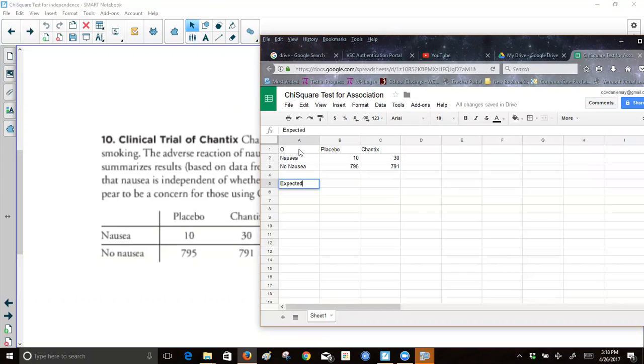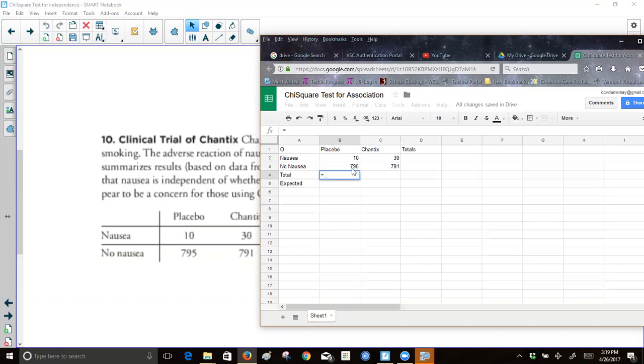The way you do the expected values is you have to get some totals. So we're going to get totals for the rows and totals for the columns. I'll write the word total here also. Then I'm going to add up these numbers. Well, that's going to be 795 plus 10, which would be 805, right?